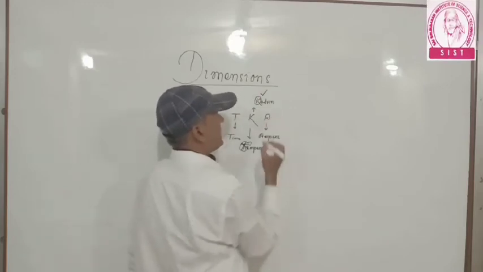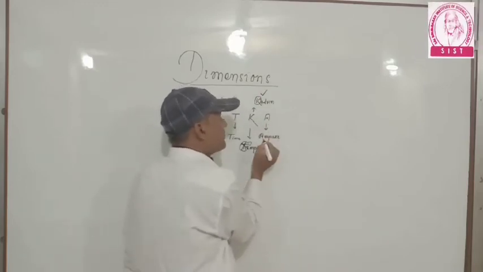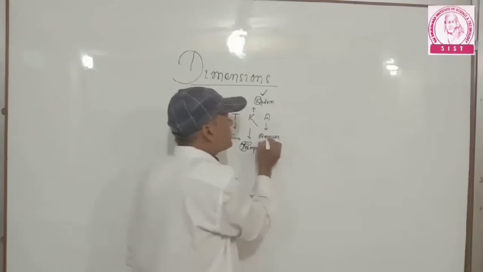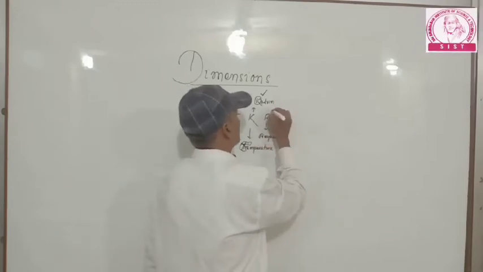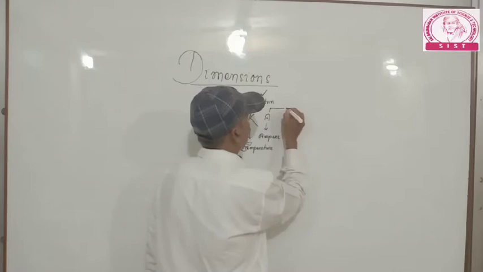Similarly, A came from ampere, which is not the physical quantity. The physical quantity is current.